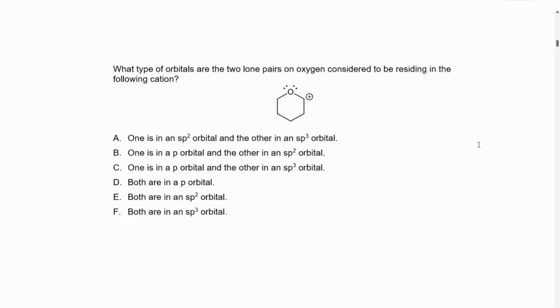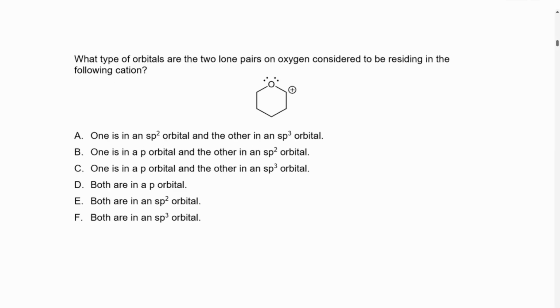For our final question, what type of orbital are the 2 lone pairs on oxygen considered to be residing in the following cation? This oxygen has 4 things, 2 bonds and 2 lone pairs, making this sp3 hybridized. We also have to look over here. There's a plus over here.